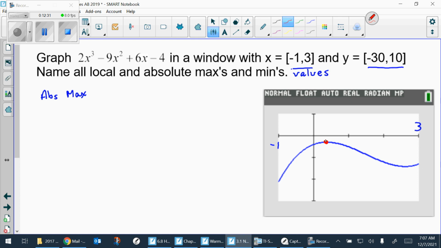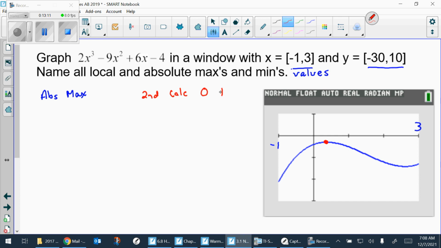And so to find out what that point exactly is, I'm going to press second, and then the trace button, which is going to give me the calculate function. And then it's going to ask me, what's your lower bound? What's your upper bound? Well, I think that this occurs between an x value of 0 for the lower bound, enter, and an x value of 1 for the upper bound.